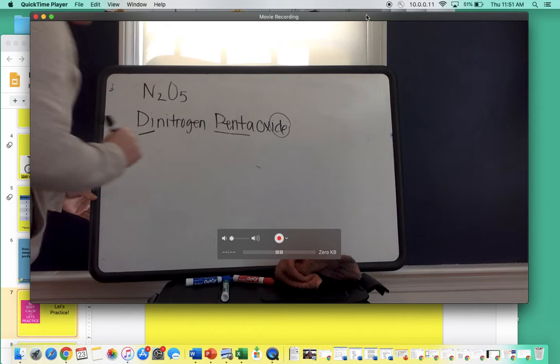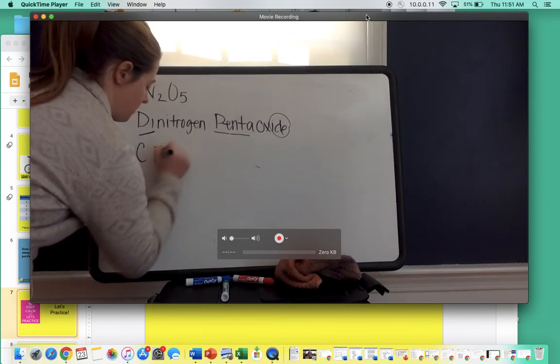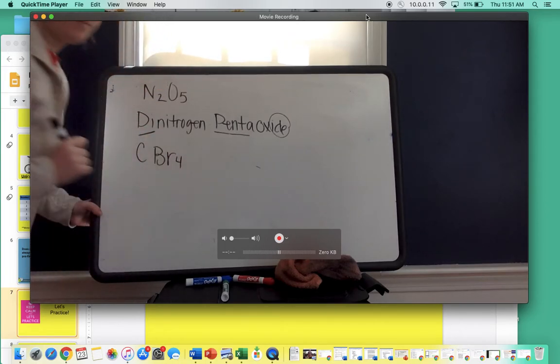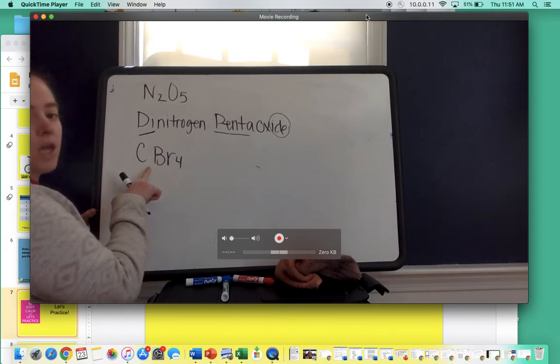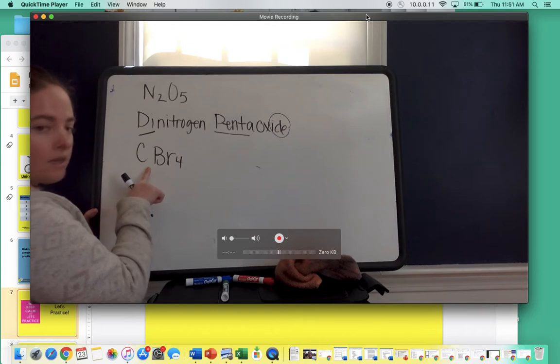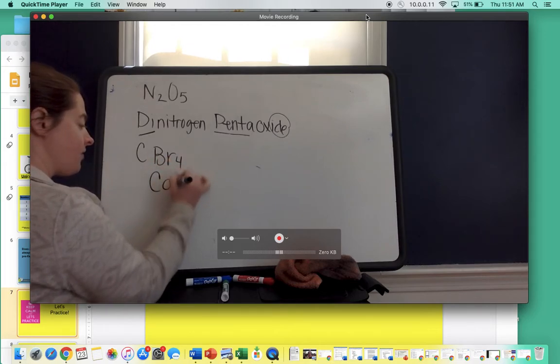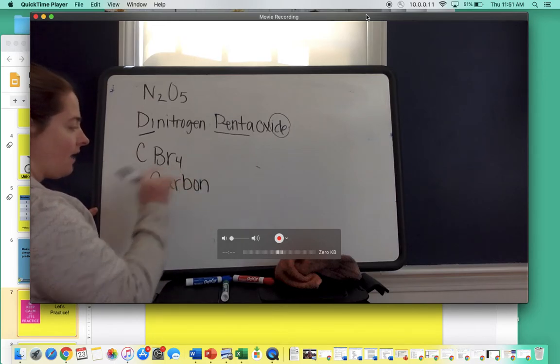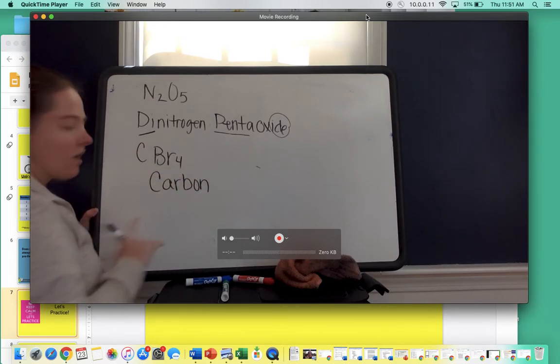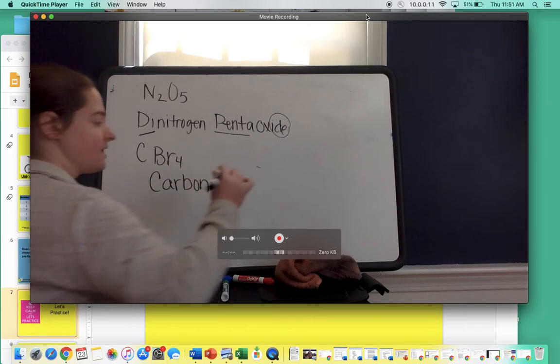Okay, let's do the next one. CBr4. Okay, so we know that C is carbon. Now if we look, there's only one carbon. So mono is never used in the front, so it's just going to be carbon. And then we have Br4. The prefix for 4 is tetra.